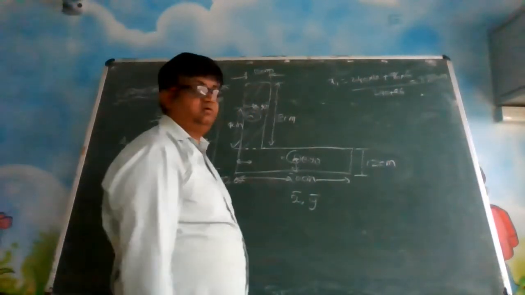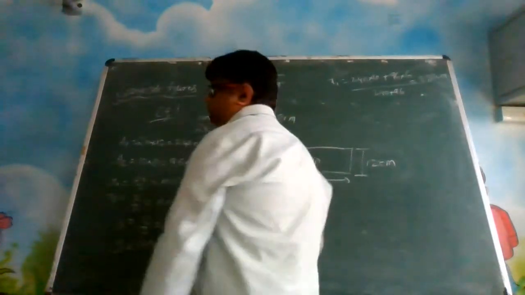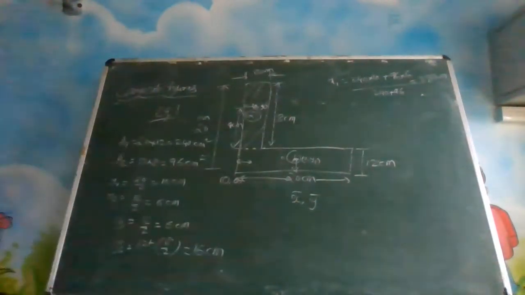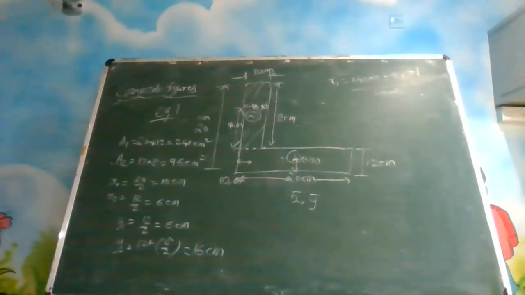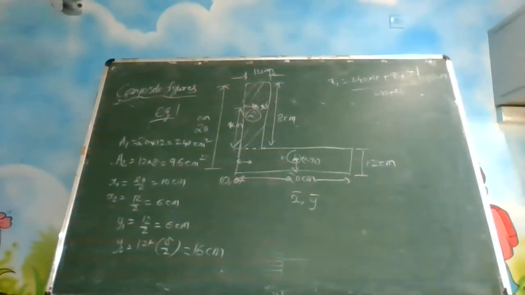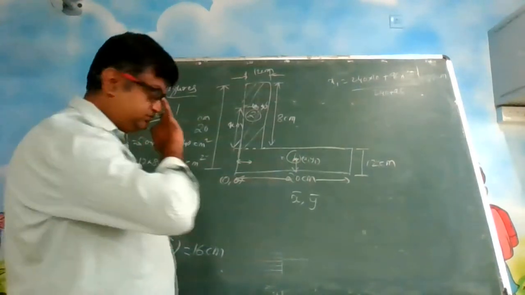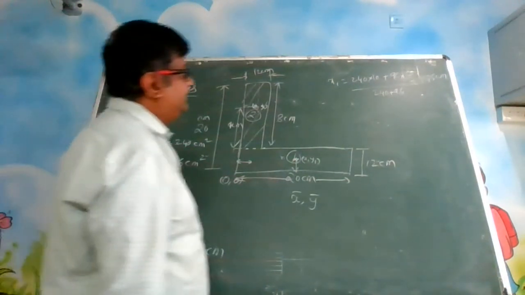Now we will see the y1 value. Let me just put the lights on otherwise it became dark. So x1 we got 8.85.